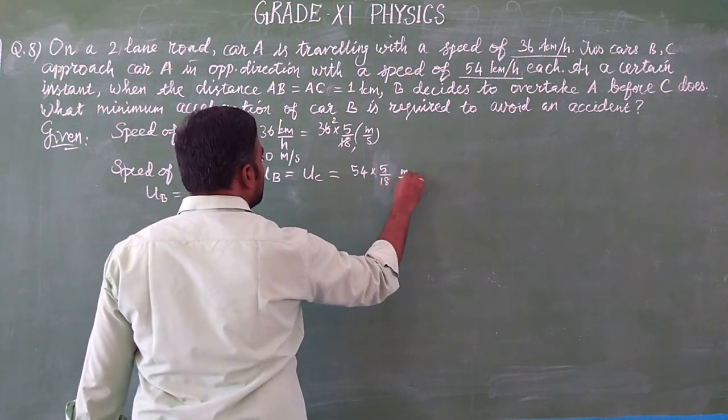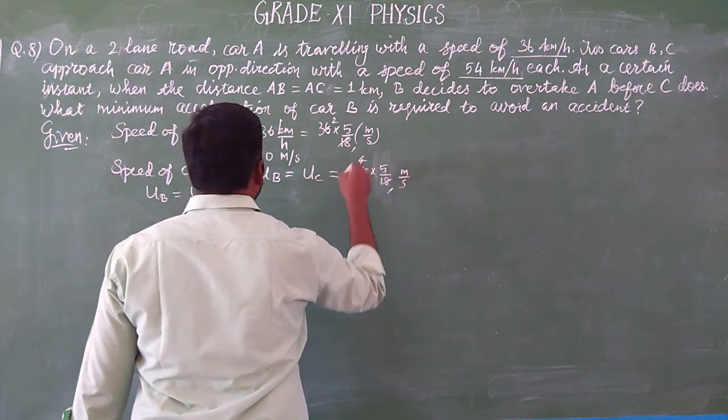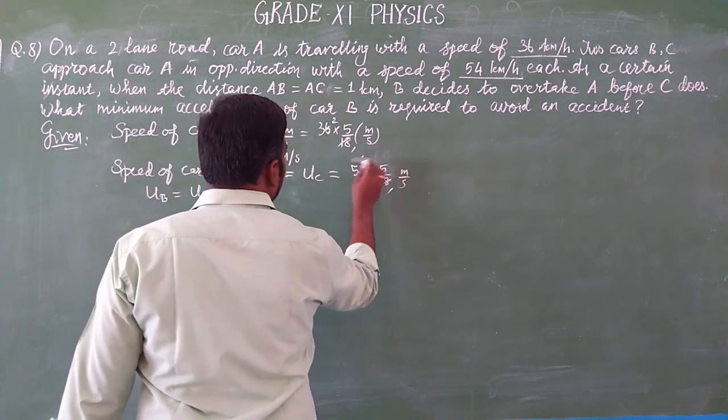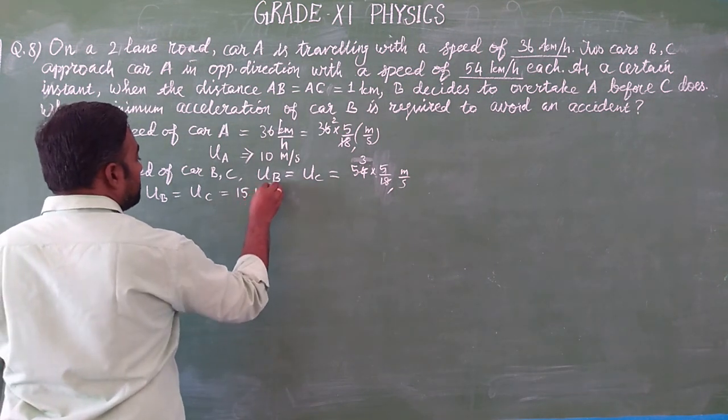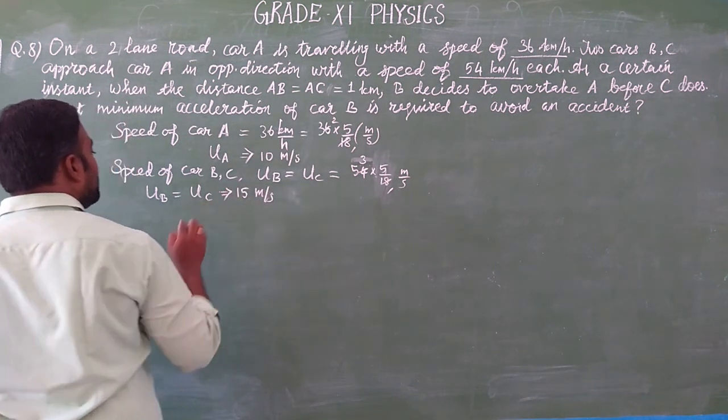So 5 by 18. So 3 18s are 54, and 3 5s are 15. So 15 meters per second. This is the speed of car B and car C.